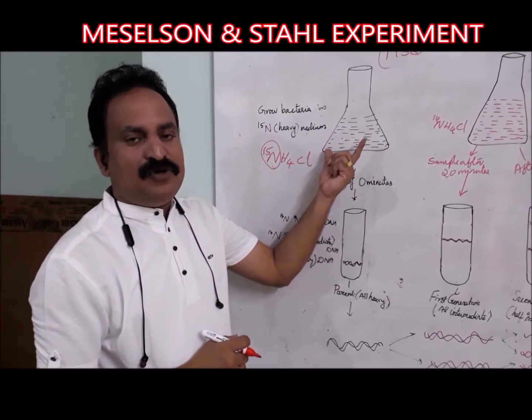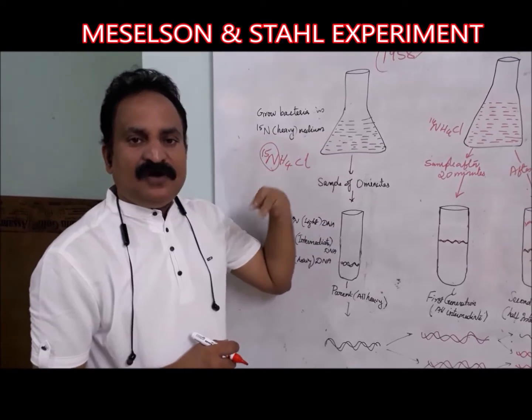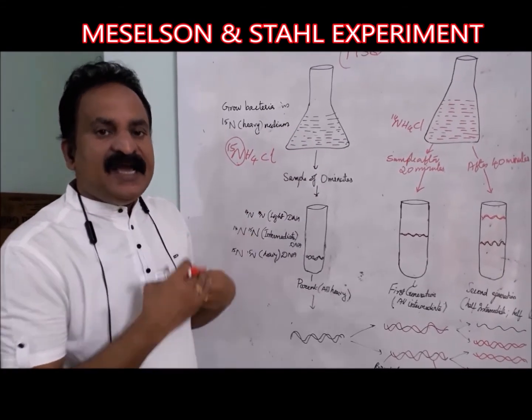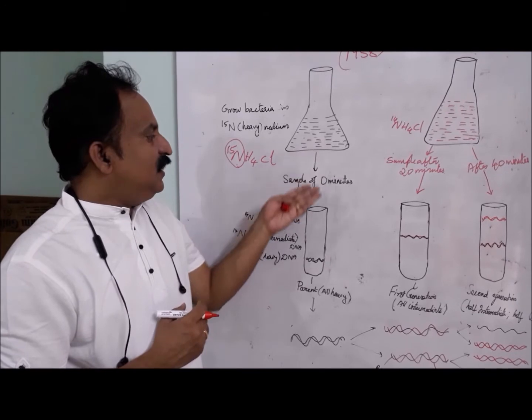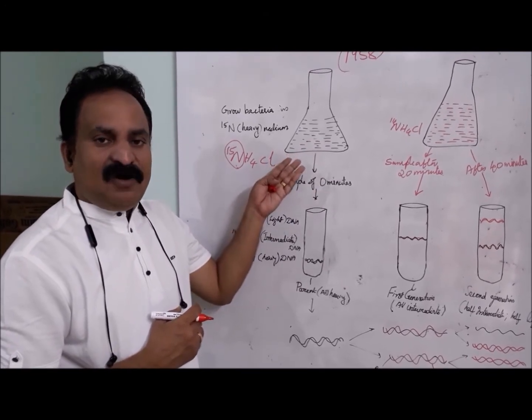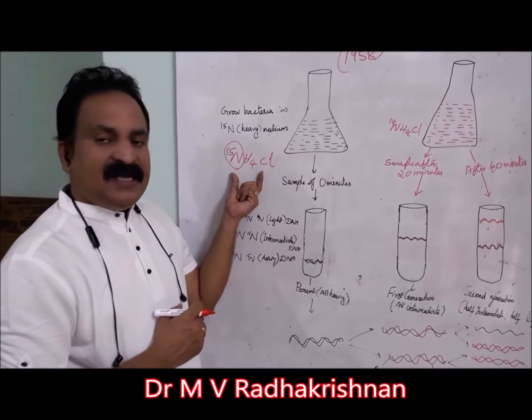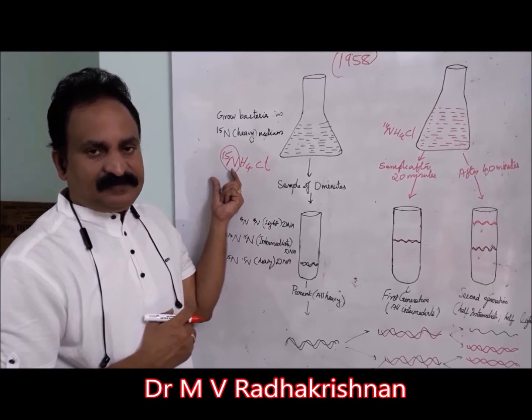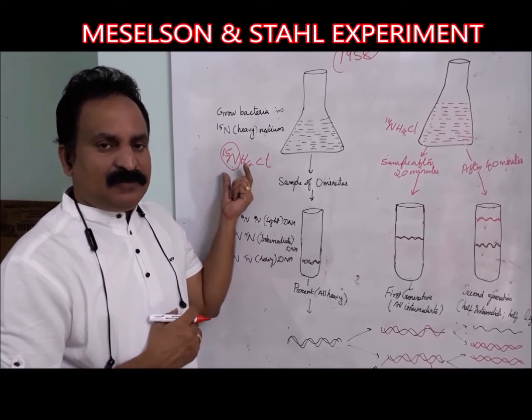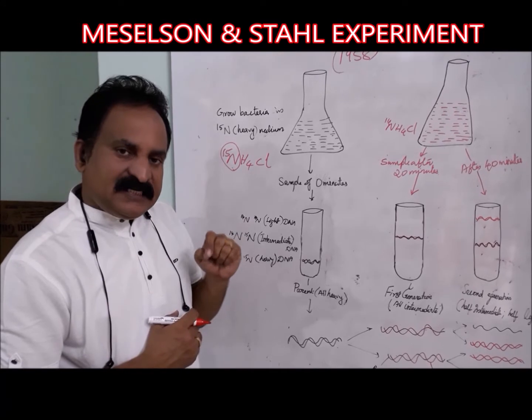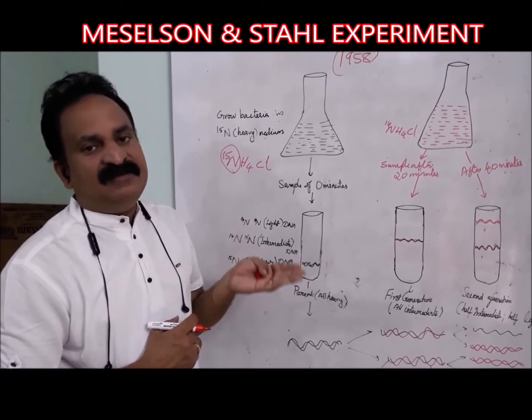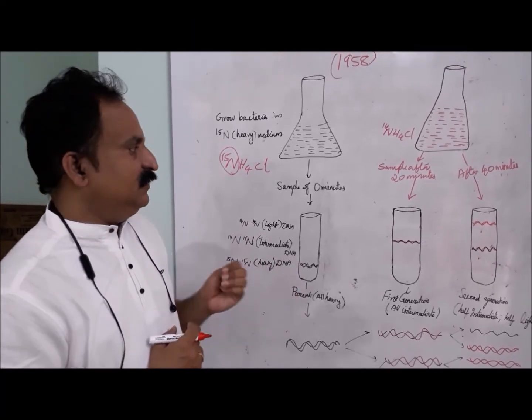nitrogen containing ammonium chloride solution for generations, and they isolated the DNA of the bacteria with the heavy nitrogen. Why did they use ammonium chloride or nitrogen? Nitrogen is present in DNA as well as in other products of bacteria.